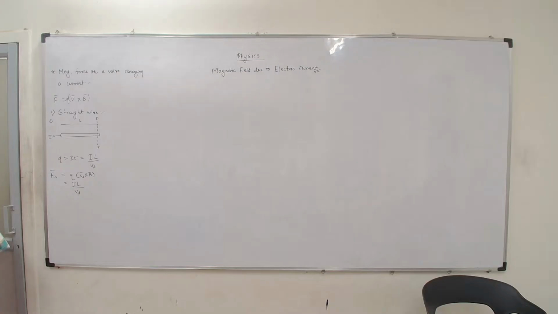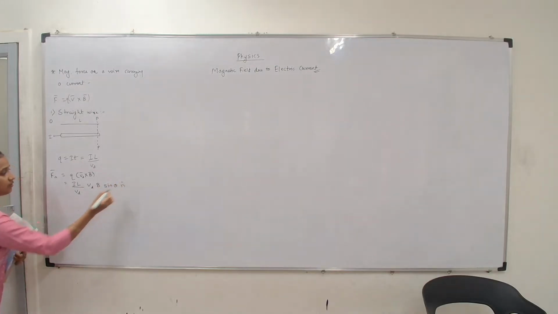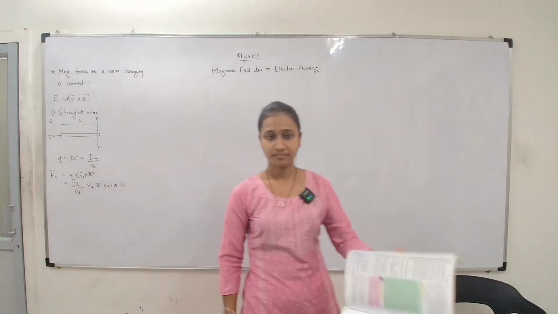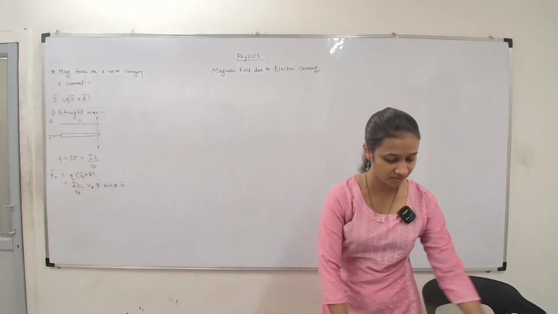V bar cross B bar, how is it written? Vd into this field B and for the cross product the angle will be sine theta. Okay? And n cap is introduced, where n cap will give you the direction. Any doubt? Is the formula clear till here?